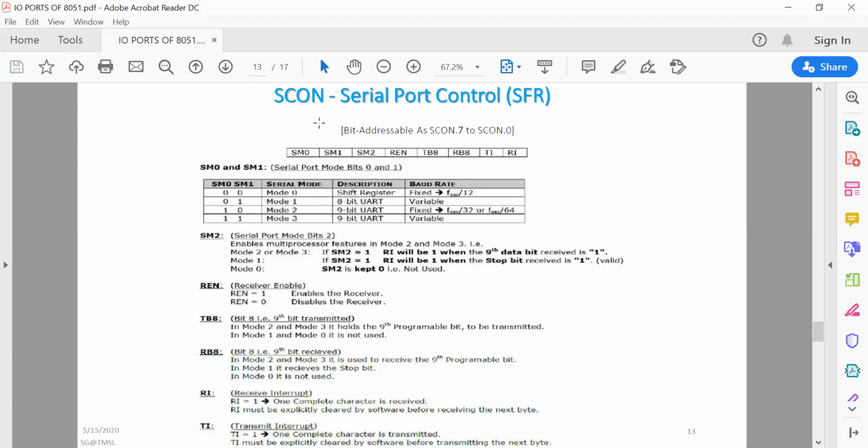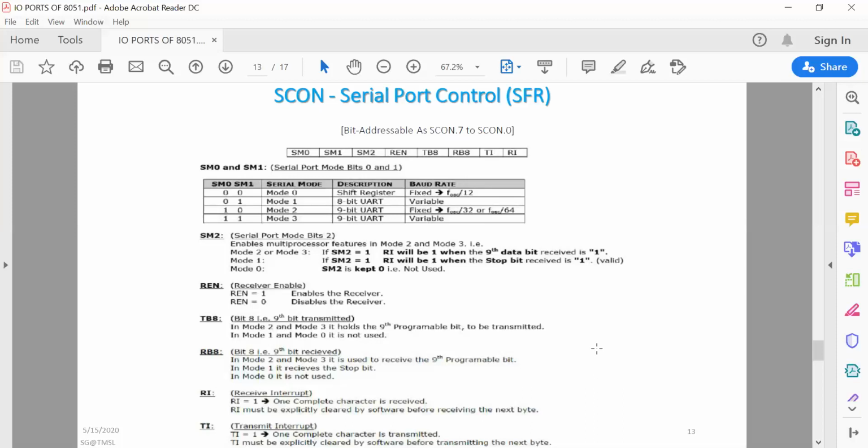Okay, so next is the TI and RI. TI means the transmit interrupt, so it will be 1 if one complete operation is performed, that means one data byte has been transmitted, then this interrupt will be generated automatically. In the same way, after receiving one complete data byte, the receive interrupt will be generated.